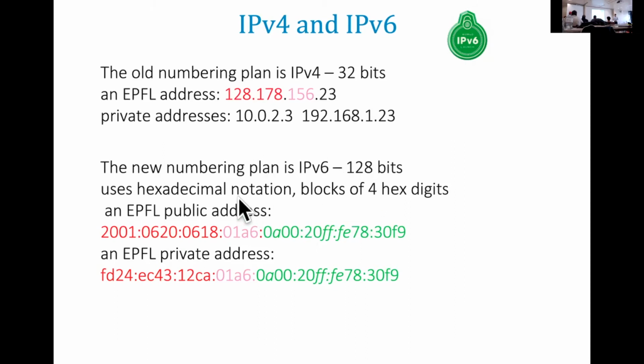We'll talk about IPv6 addresses and how we represent them, but it's the same principle. For example, for EPFL, every device that has this prefix is an EPFL IPv6 address. But let me talk about another thing. As you see, we have private addresses. We reserve some of the numbers for private usage. What does that mean? You cannot use any address that starts with 10 dot something, or any address that is 192.168, on the internet.